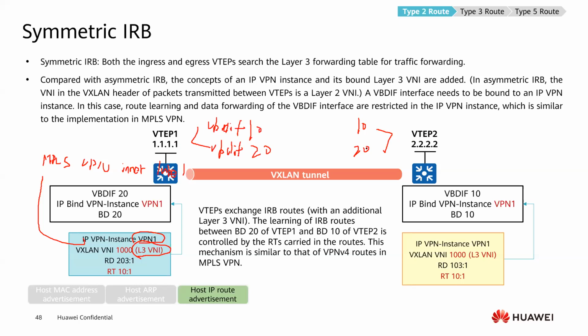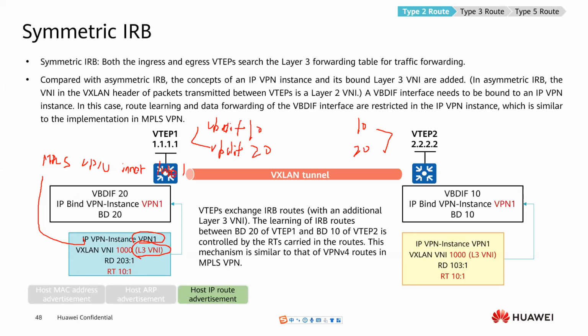And for VTEP2, we also configure the IP VPN instance VPN1, and we configure the same L3 VNI. You can just consider it is the MPLS inner label. Just try to imagine the function of the MPLS VPN inner label. It indicates which VPN instance the packet belongs to.